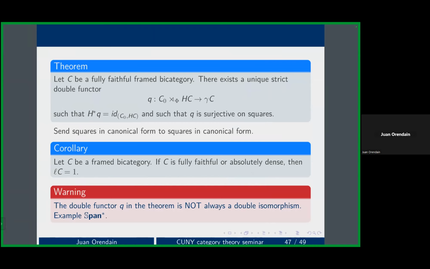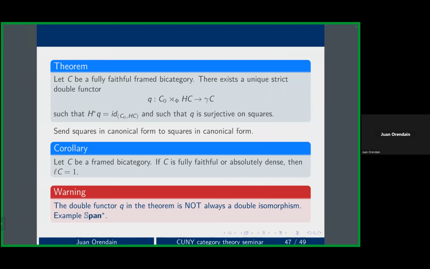So you might have different expressions for squares in canonical form in this cross product that are different squares, but under Q they go to the same square, or in C they are the same. So it just feels very universal, very free, this cross product, and this is very much expressed in terms of Q, and in the fact that Q is not an isomorphism.